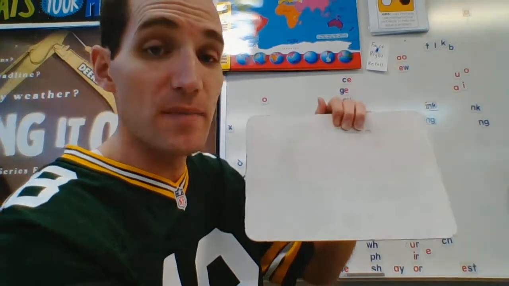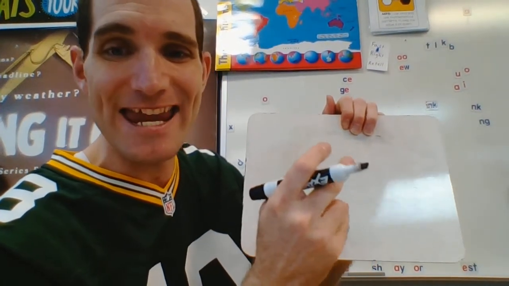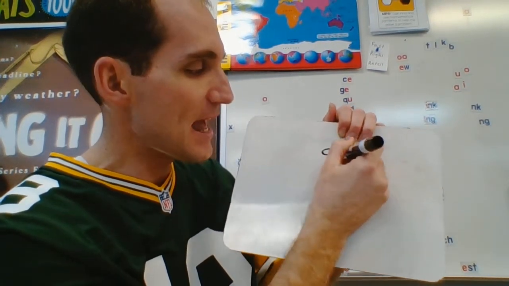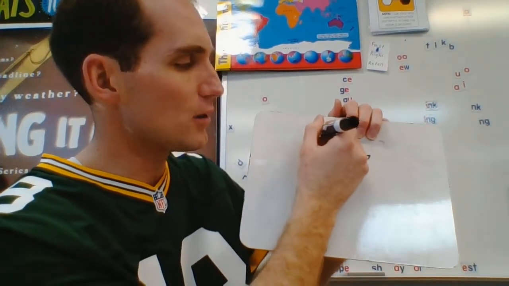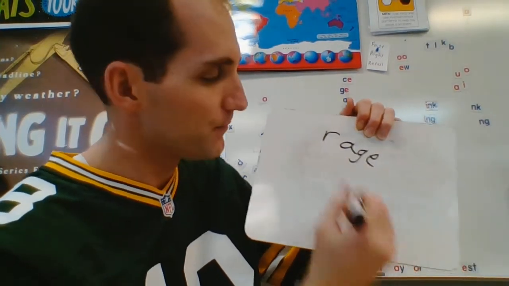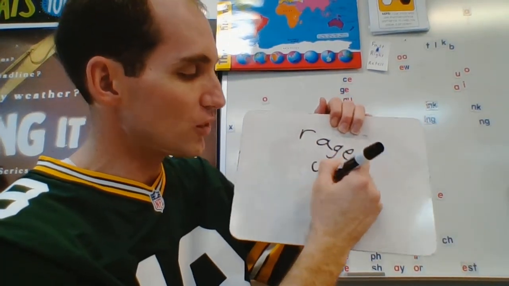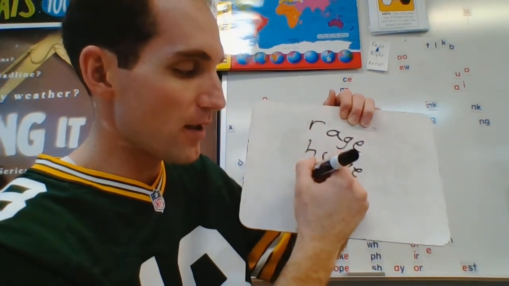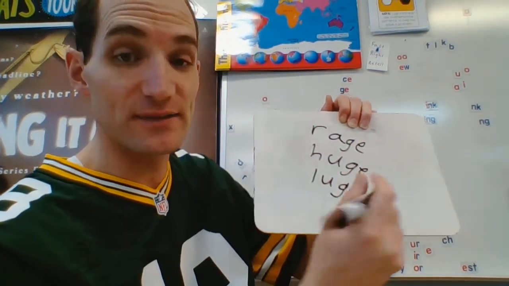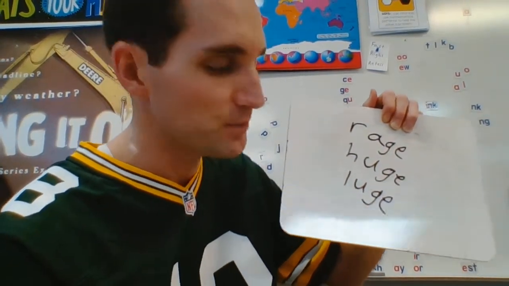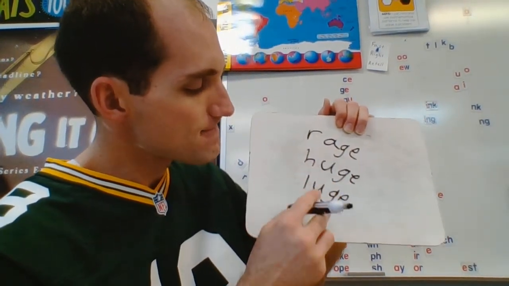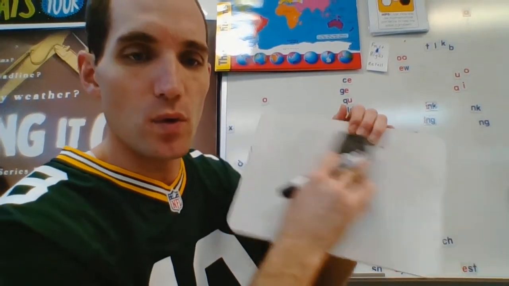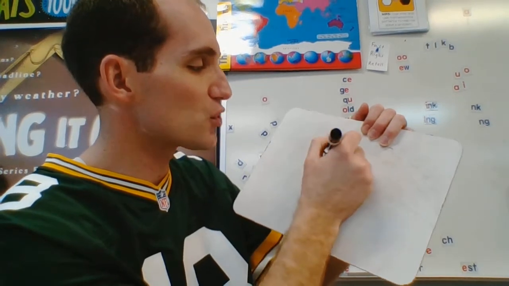Now, remember when it's a long vowel sound, A-E-I-O-U, you just use a G and not a D. Age. Like rage means you're really mad. Huge. Or luge, which is like this big sledding race thing in the Olympics. So let's see if you can figure out this tricky word.